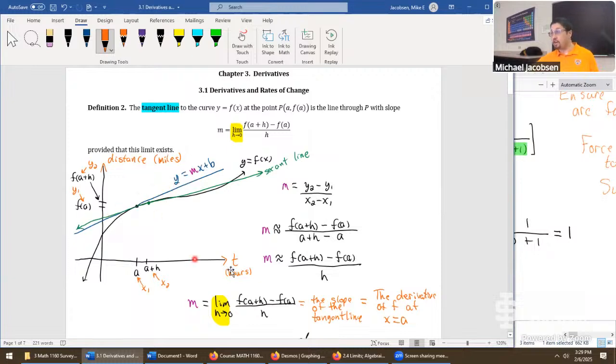Imagine you're driving a car and this graph is relevant. The slope m then turns into the instantaneous rate of change, which would be miles per hour.